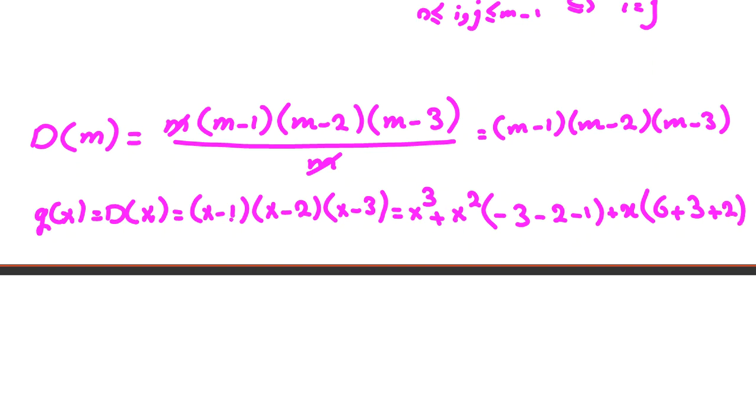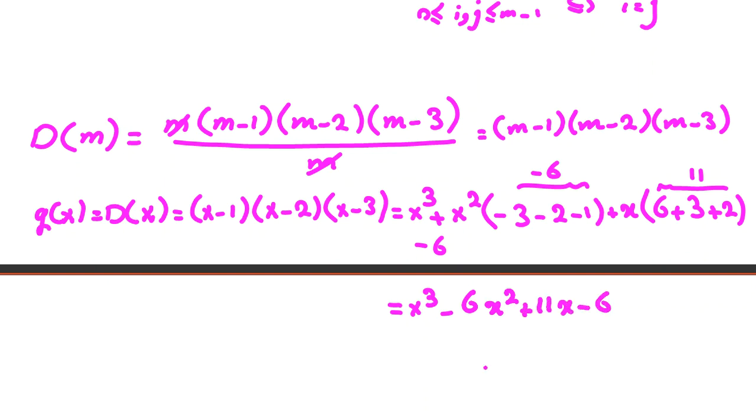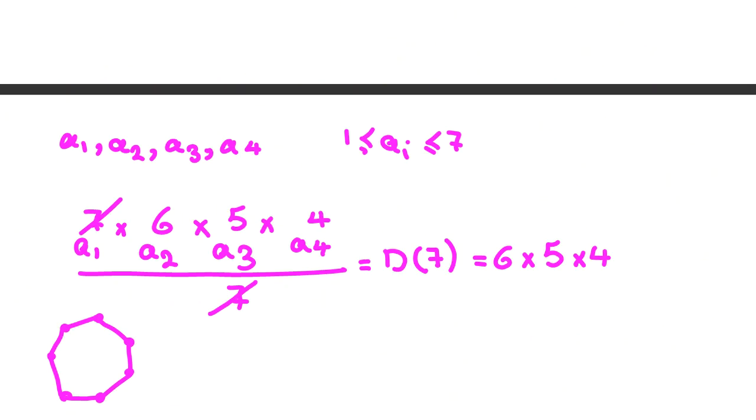The constant term is negative 1 times negative 2 times negative 3, which is negative 6. So 6 plus 3 is 9, plus 2 is 11. So it will be x cubed minus 6x squared plus 11x minus 6, equal to c3 x cubed plus c2 x squared plus c1 x plus c0. The problem asks for c1, which is 11.